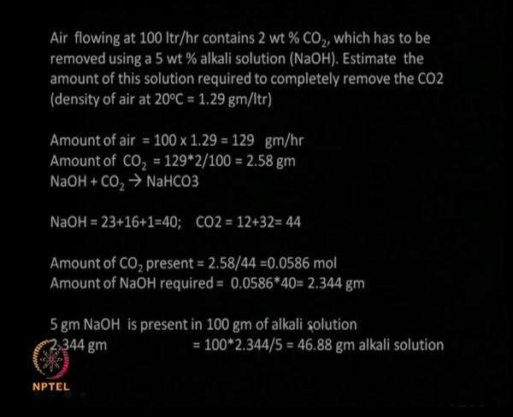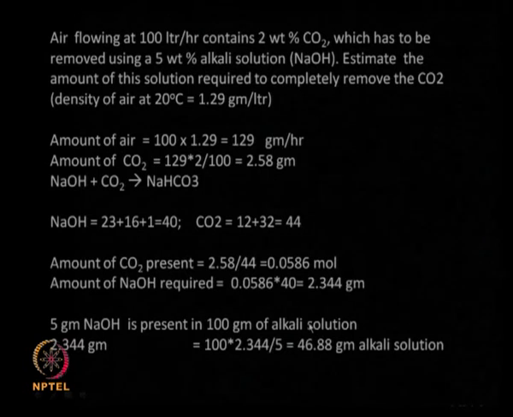So this is a typical process that takes place in an absorber or absorption tower. You have an absorption tower where the air may be entering from the bottom and rising, the air will contain carbon dioxide, and your alkali solution will be flowing from the top, flowing down slowly, and as it flows down it will absorb all the carbon dioxide.